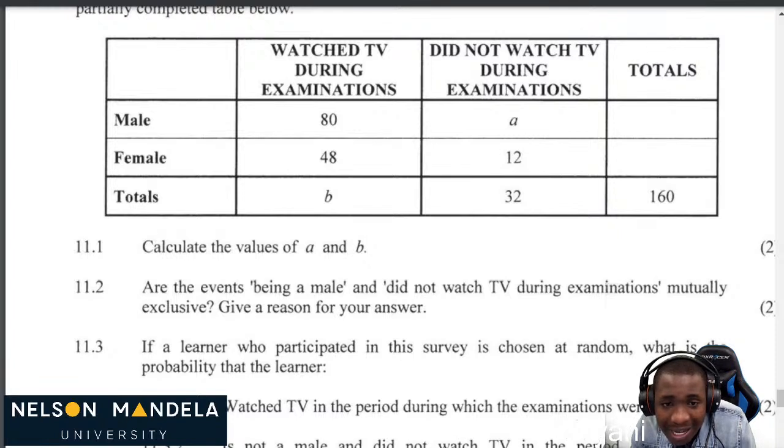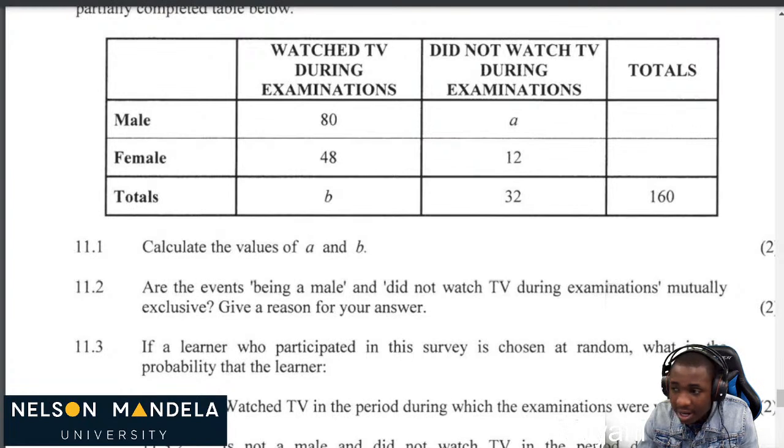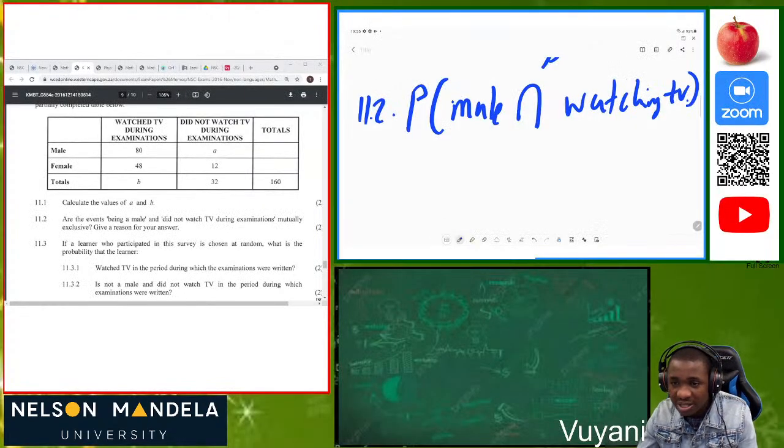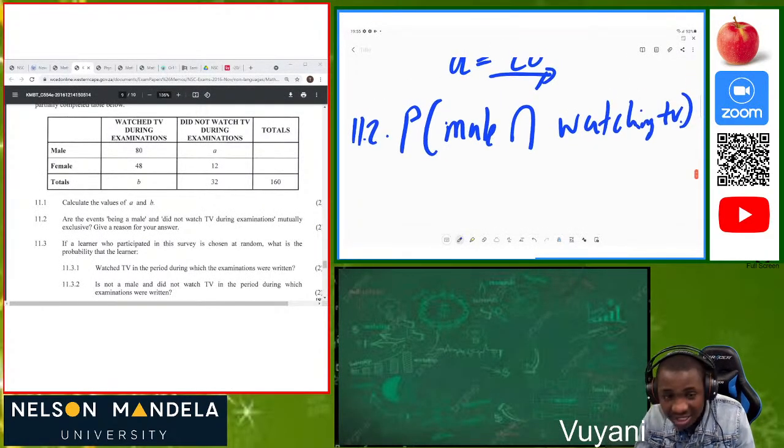Where is being a male? This is being a male. So in other words, they want the probability of being a male and watching TV.